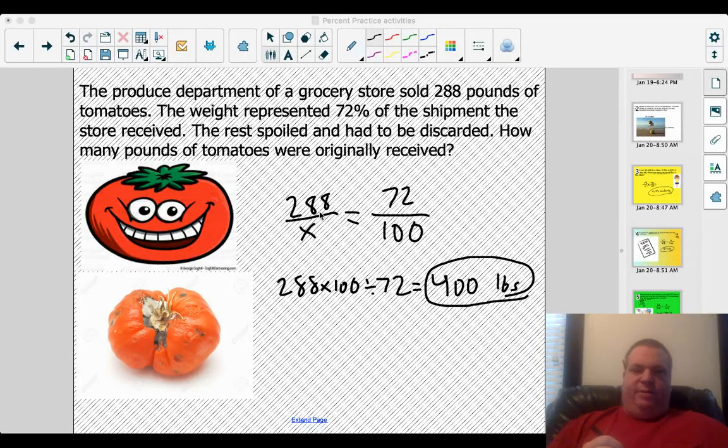How many did they receive totally? What is this 72% of? So doing our fish method, 288 times 100 divided by 72 gives us 400 pounds of tomatoes. You might have also noticed this is 4 times bigger than this. You probably didn't, but you might have. If you'd known that, then you would notice that we just multiply this by 4 also to get 400.